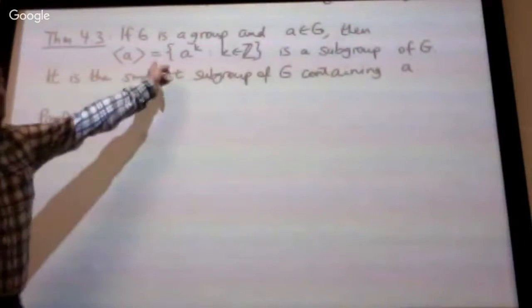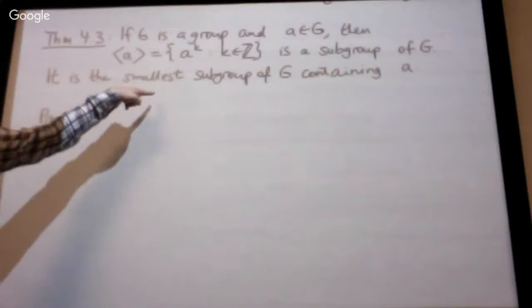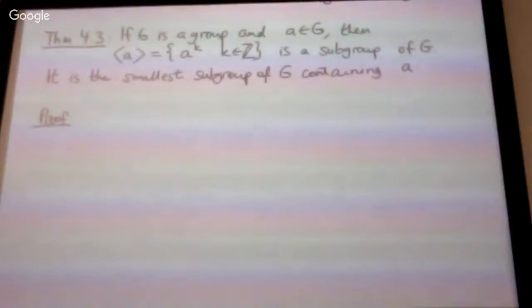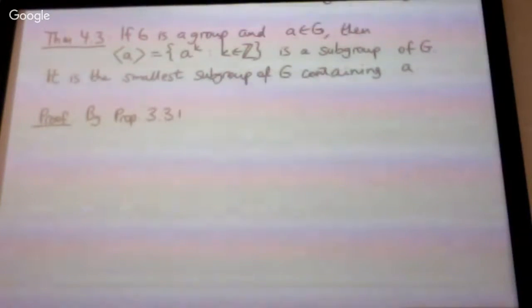First, that this is a subgroup. Second, that it's the smallest subgroup. For being a subgroup, there are propositions 3.30 and 3.31. I'll take 3.31. In the book, they took 3.30, so you will have 2 different proofs.